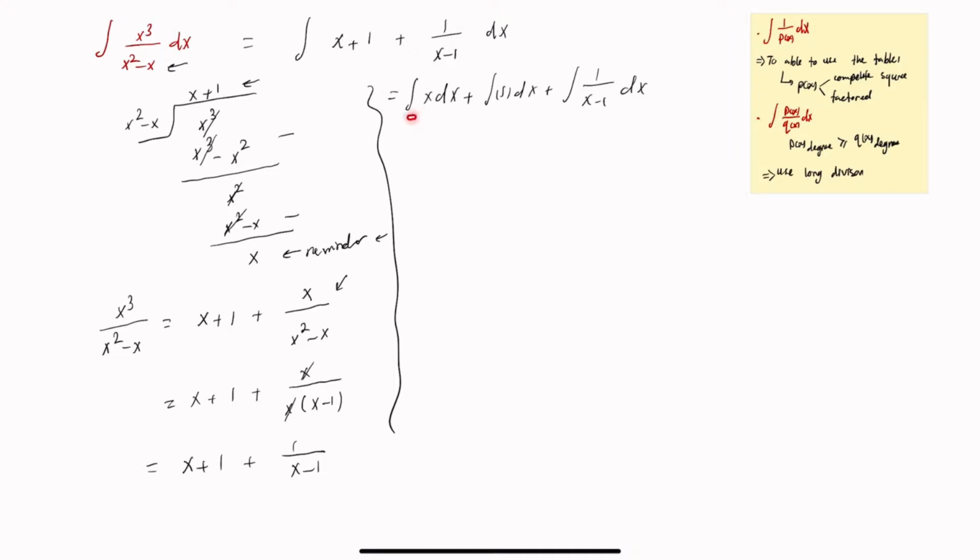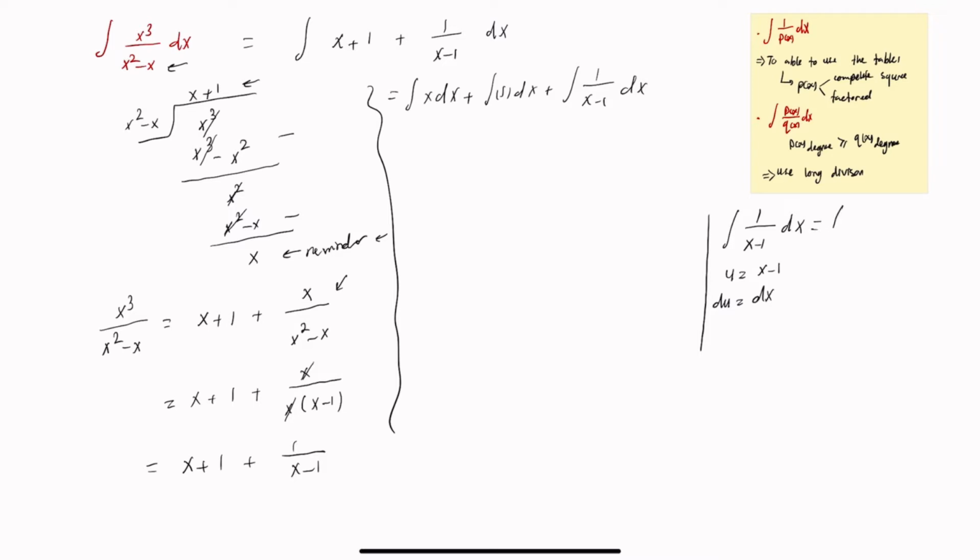Now we already know the antiderivative of x and then 1, but we have to find the antiderivative of this one in here. So we have the integral of 1 over x minus 1 dx. Here, to solve this integral, I'm going to do u substitution. So u is going to be equal to the denominator, which is x minus 1. Therefore, du is going to be equal to dx. Now I'm going to plug that back into the integral.